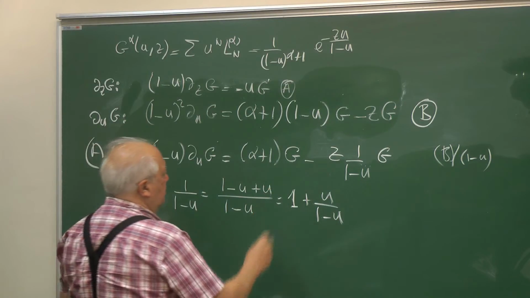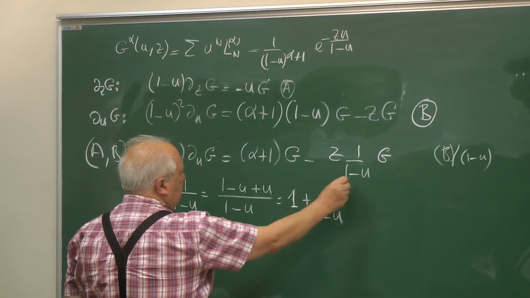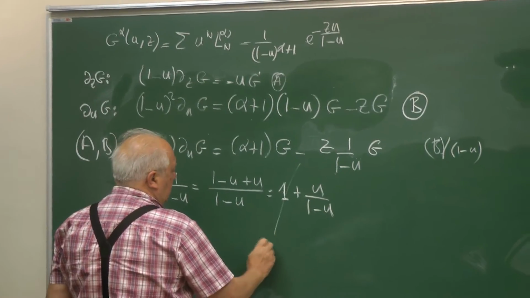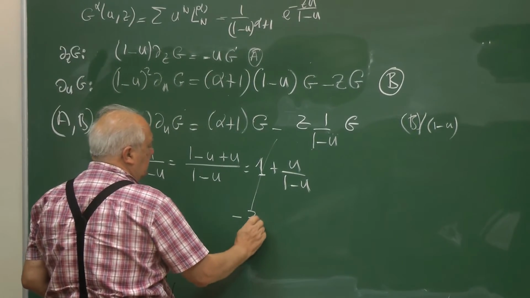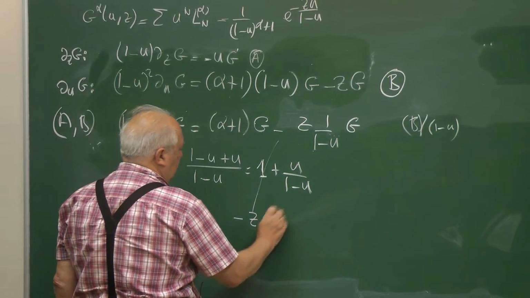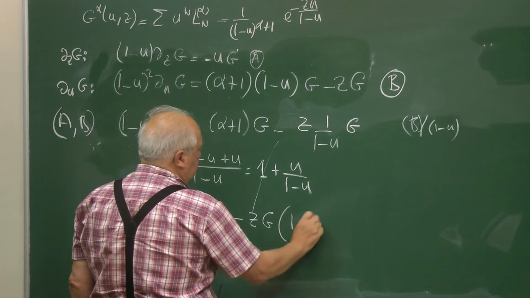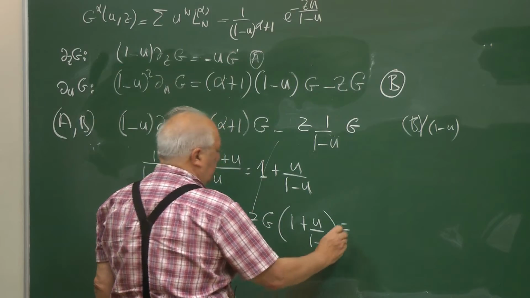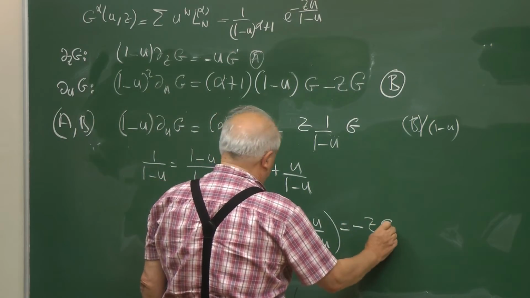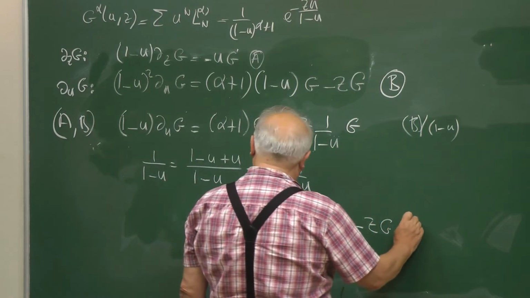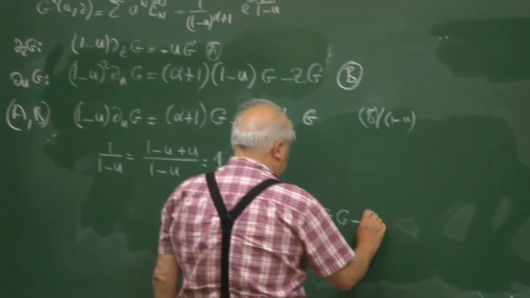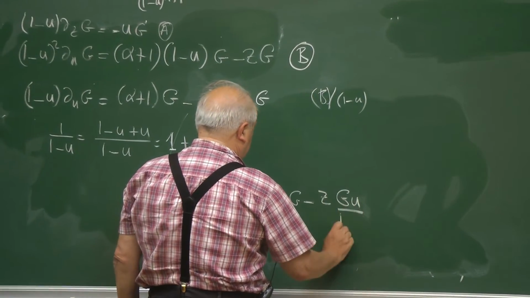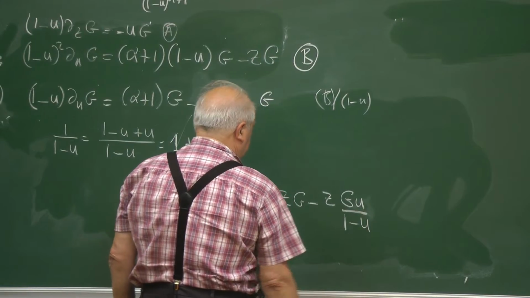So we put that here. This is minus z g (1 plus u) over (1 minus u). That's equal to minus z g minus z g u over 1 minus u.